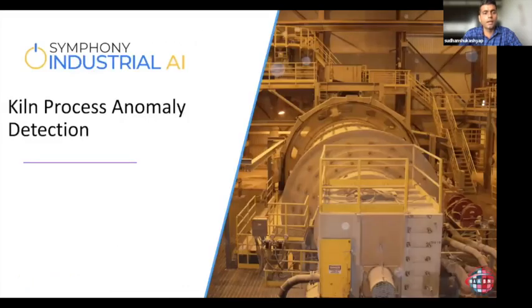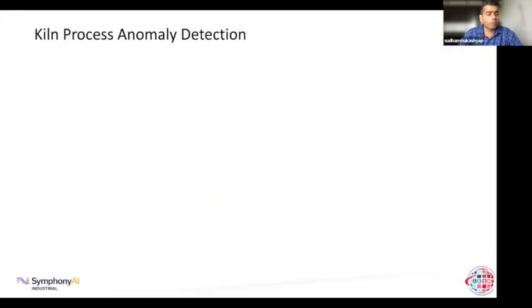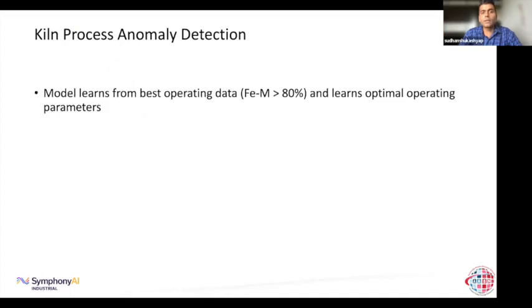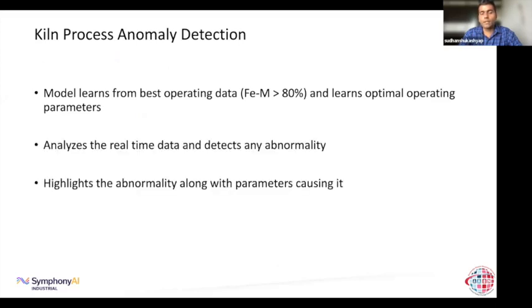kiln surface. And finally, the monitoring part: the kiln process anomaly detection. This is very similar to the one we talked about before in the ammonia manufacturing. You take normal operating data, when the reduction is above 80%, which is a minimum target to be achieved, and all other parameters are optimal, train the model, and then analyze in real time for abnormality from the ideal behavior on which the model has been trained.